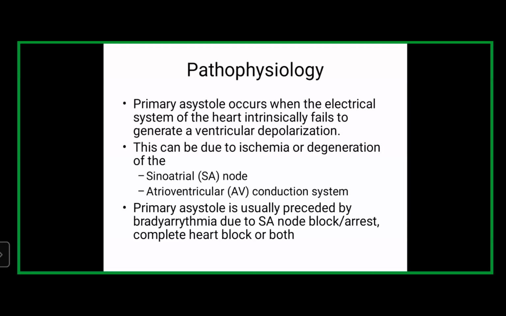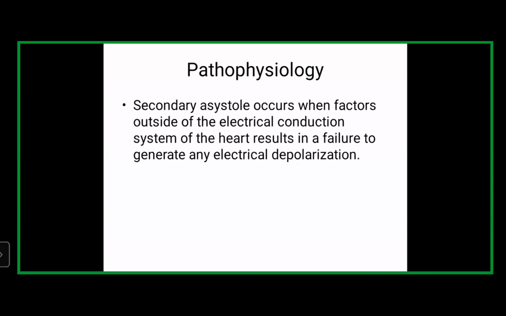This could be due to ischemia or degeneration of the SA node, the AV node, and the AV conduction system. Primary asystole is usually preceded by bradyarrhythmias due to either sinus node block or arrest, or complete heart block, or both.